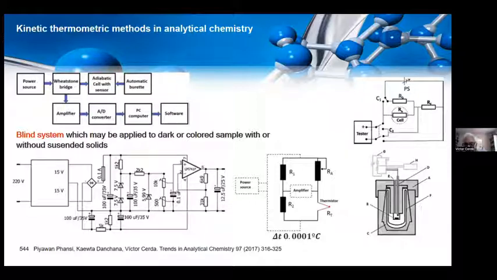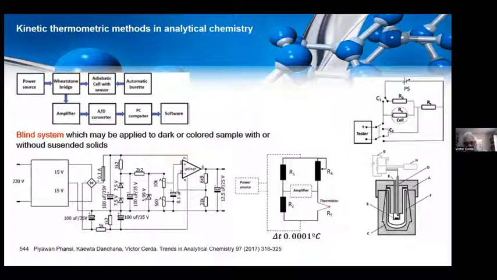Inside of the beaker, you have a thermistor. You can manually add the catalyst to the sample solution and stir the solution. And then you can connect the amplifier to a personal computer.